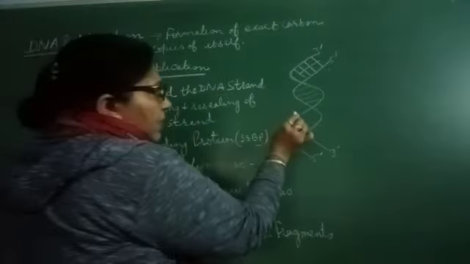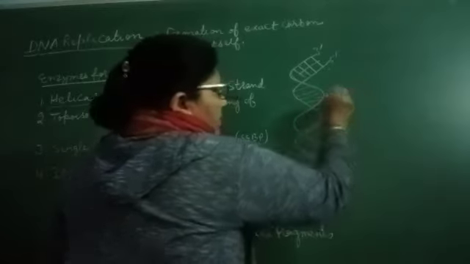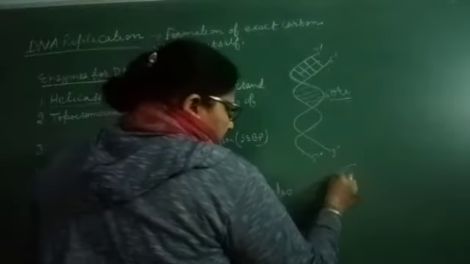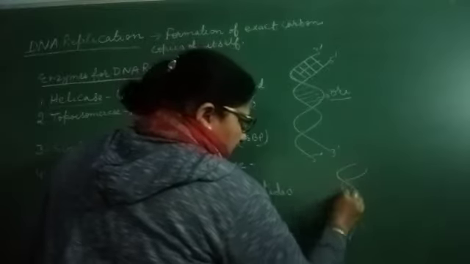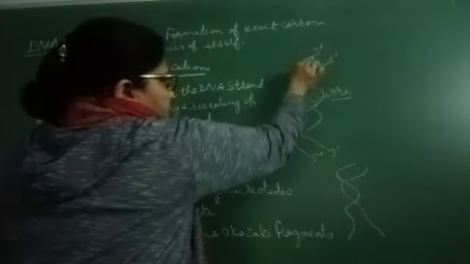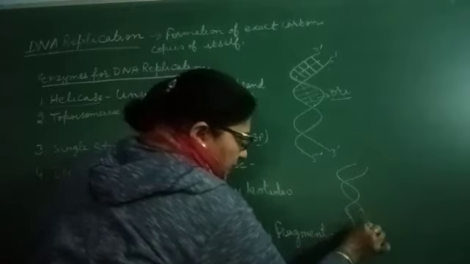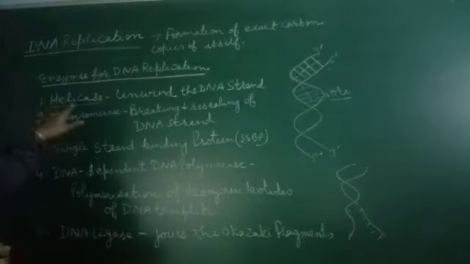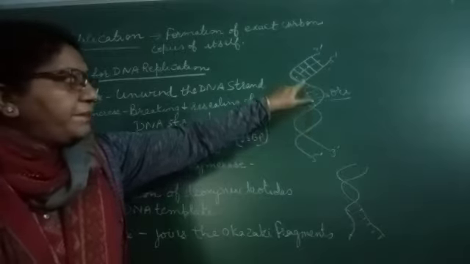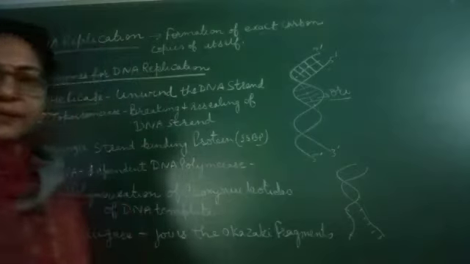At a particular point, known as ORI, or the origin of replication, the unwinding of the strands takes place, that is the breaking of the hydrogen bonds, with the help of the enzyme helicase. So helicase helps in unwinding of the DNA by breaking the hydrogen bonds of our template strands of the DNA.